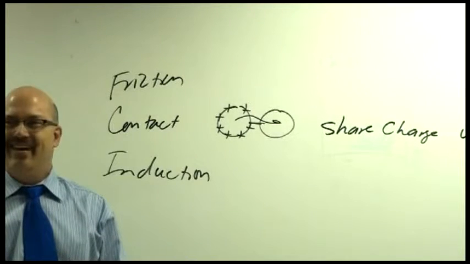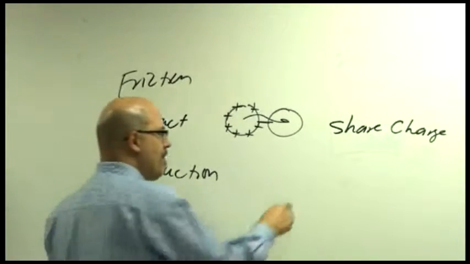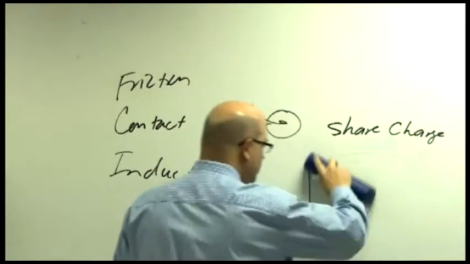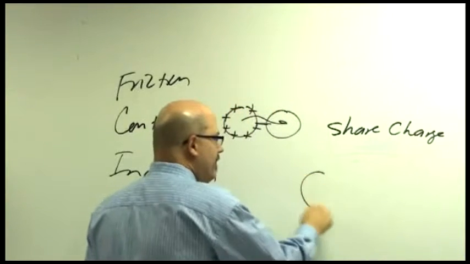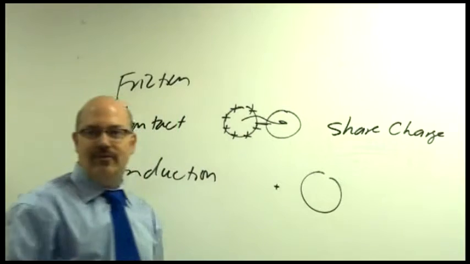All right, induction. Here we go, induction. Here's how it works. You got to know this process. Here's the simple version. All right, so we've got this object. We bring a positive up next to it.